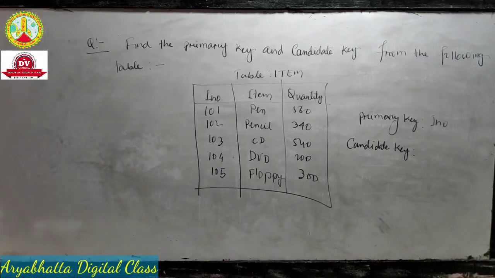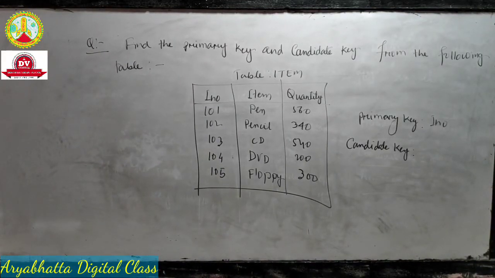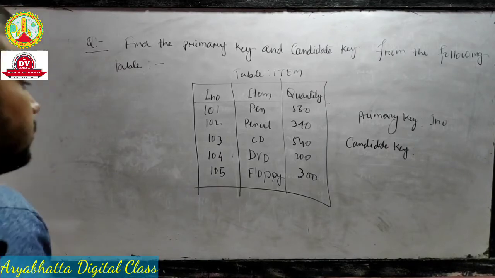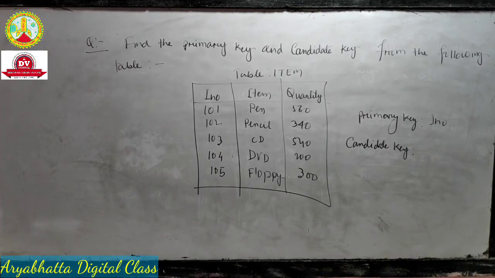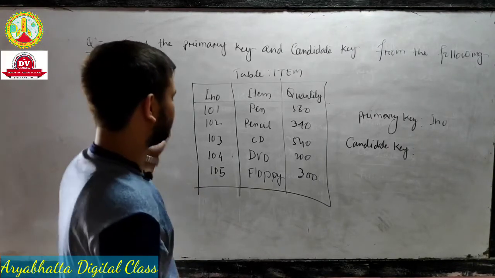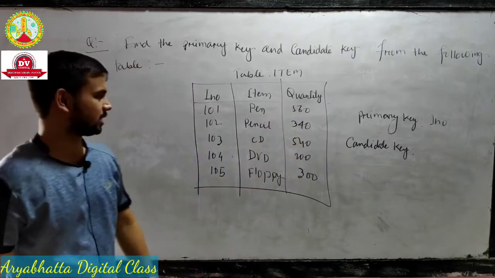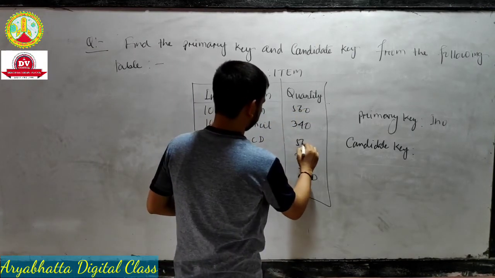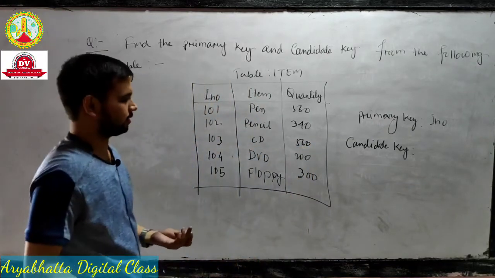Understood? This item is alternate key because in quantity, you see, it may be the same. Suppose here pen is 560, also suppose CD is also 560, maybe.